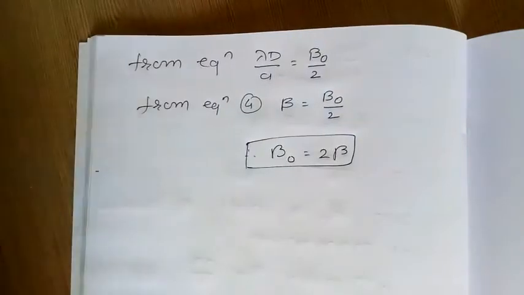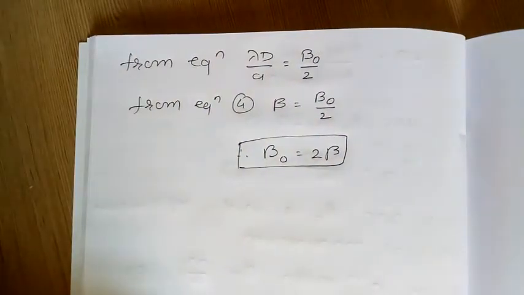This is the relation between beta 0 and beta, right?